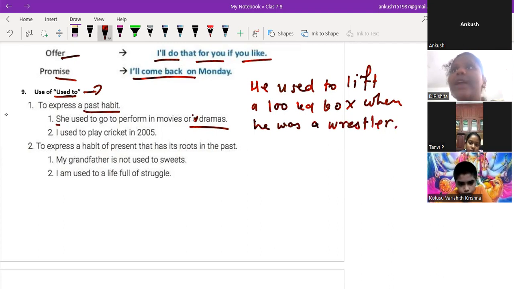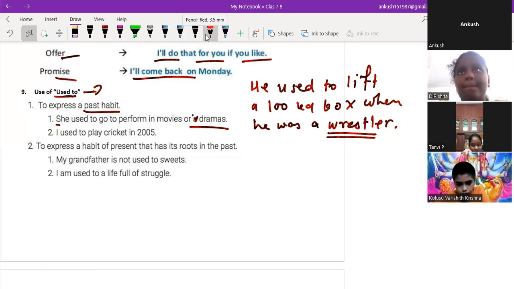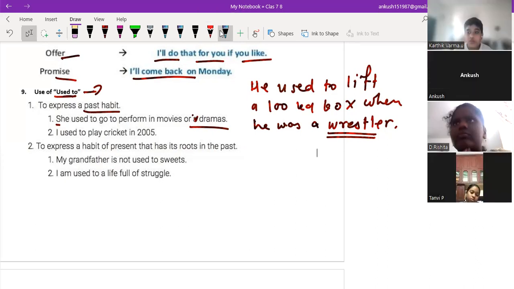Wrestler, do you know? The person who fights. Yes, sir. That person, when he was a wrestler, that time, in the past. Now he is not able to lift a 100 kg box, right? Understood? This is something that had happened in the past, and that habit is now being told.